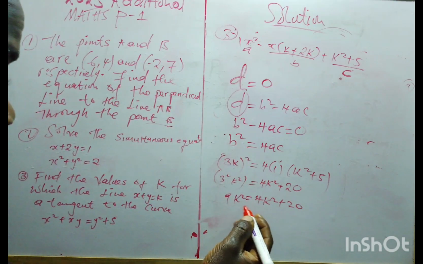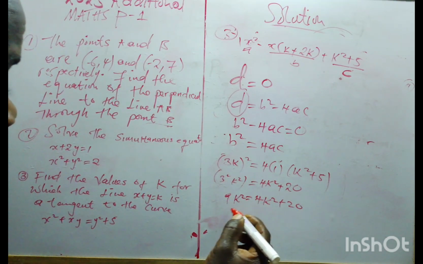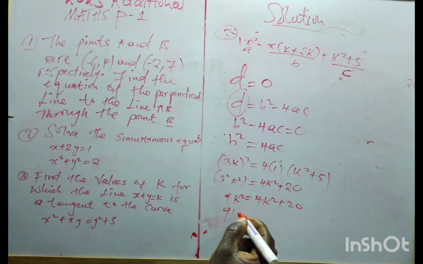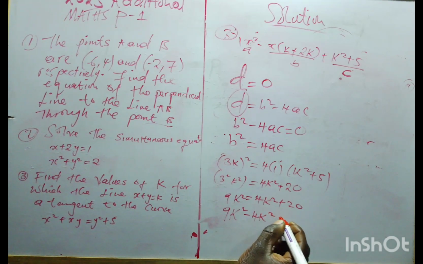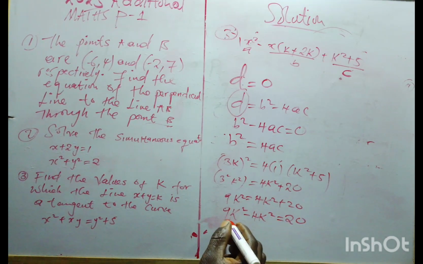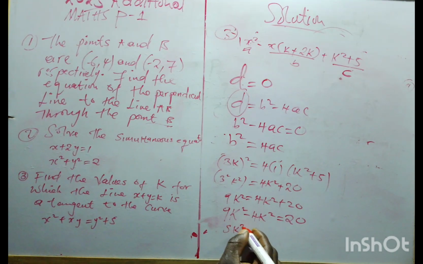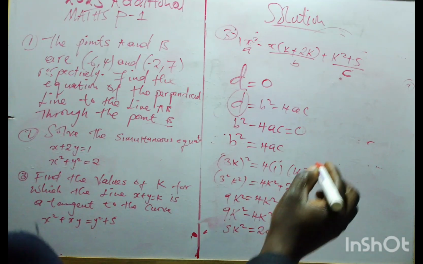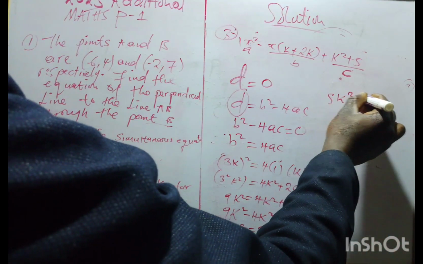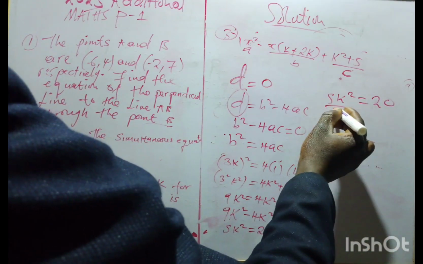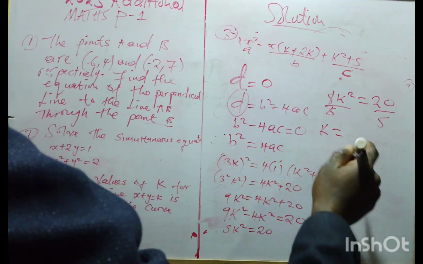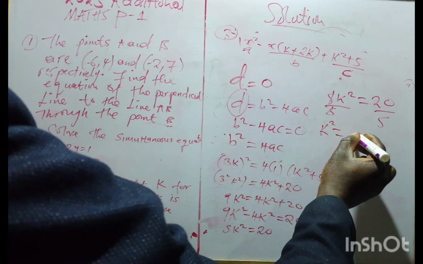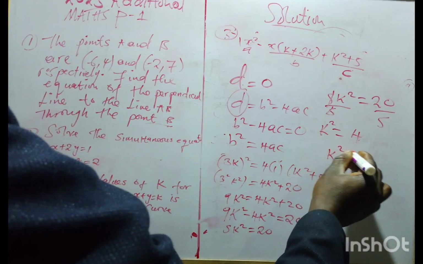Okay, so we have the terms which are equal here. Okay, in which we are going to say 9k squared then minus 4k squared, which will be equal to 20. Okay, 9k squared minus 4k squared, you're going to have 5k squared, which will be equal to 20. So here we have 5k squared, which will be equal to 20. Then you divide throughout by 5, in which k squared is equal to 4.